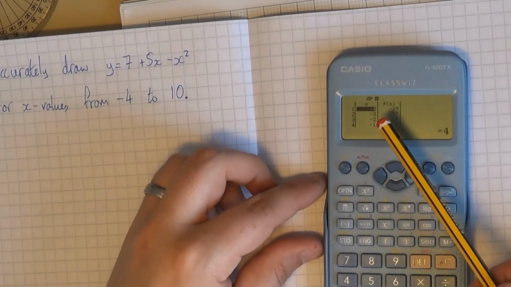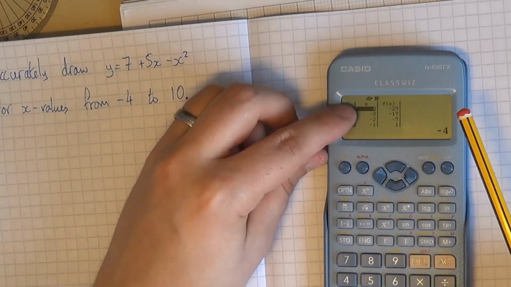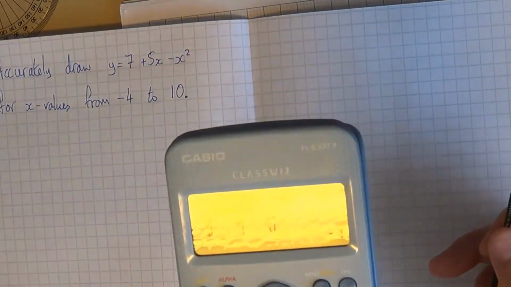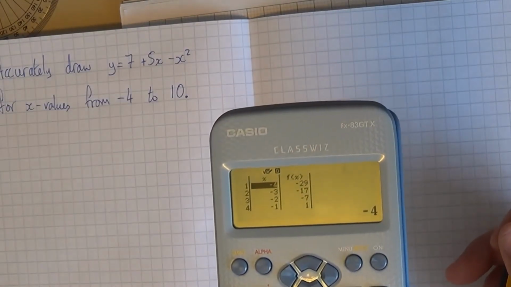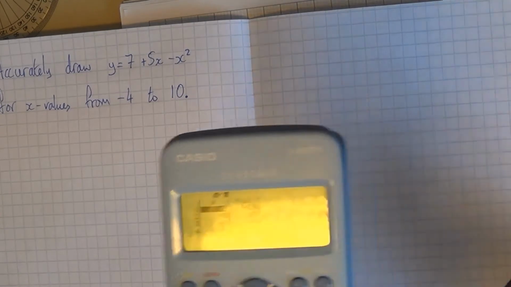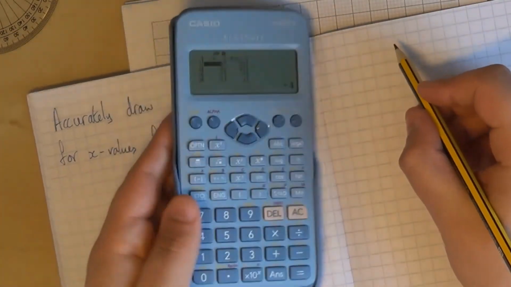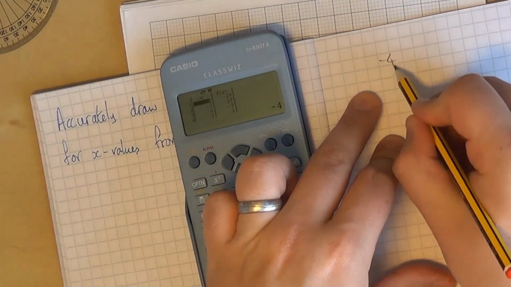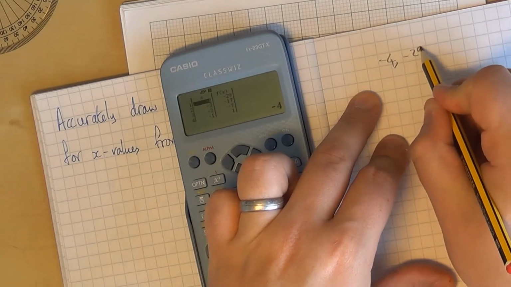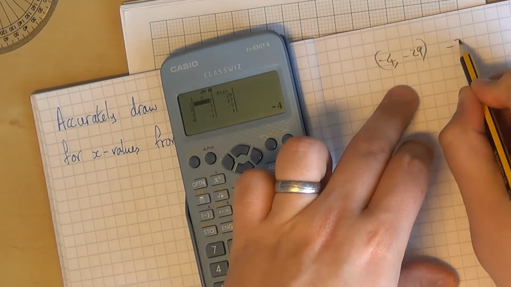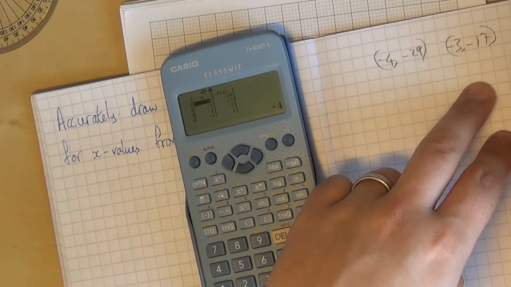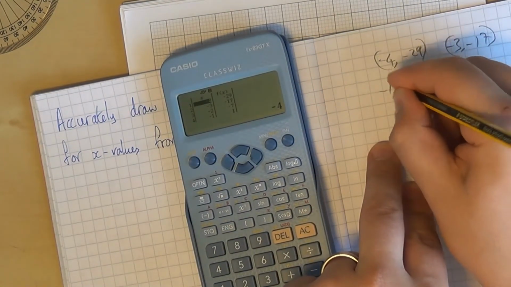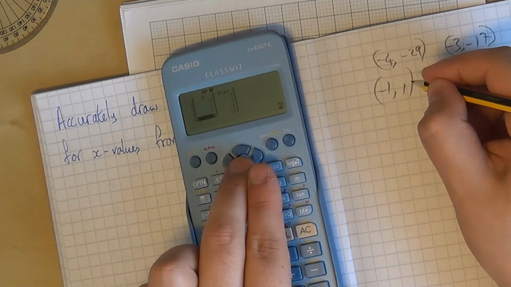So it's now telling us that negative 4 gives us a result of negative 29 as its coordinate. We can just read those off as they are. So I'll do that now here so I have them easier to read. Negative 4, negative 29. Negative 3, negative 17, negative 2, negative 7, negative 1, 1, and then you can scroll down to the rest.